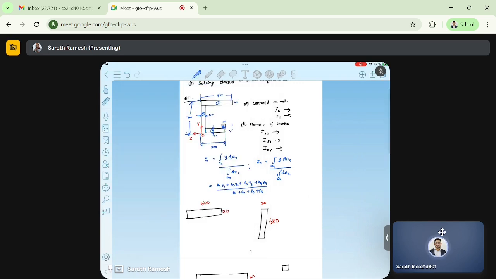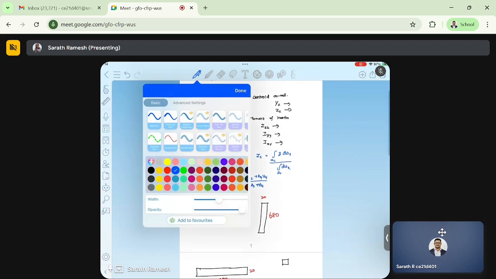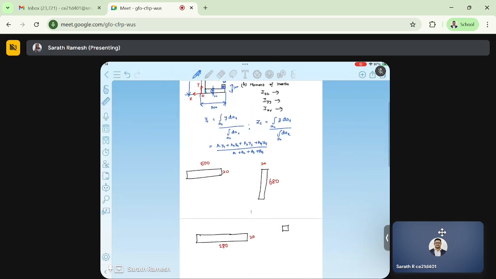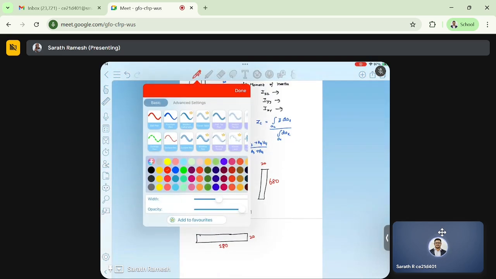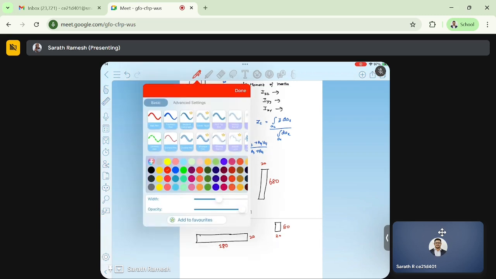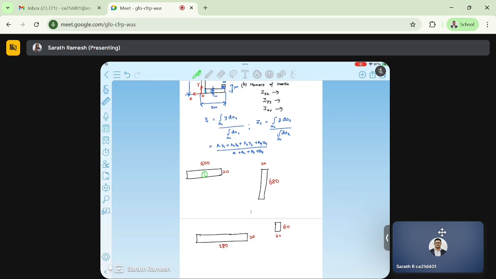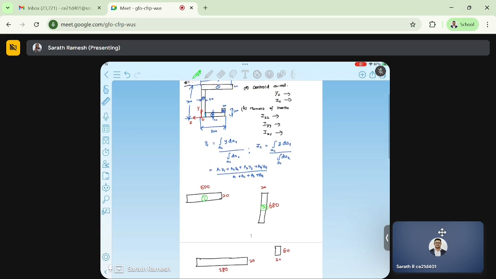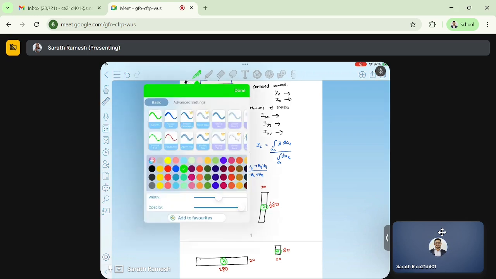So this total is 100, so that will be 80. This way it is 80. Let me draw it a little longer. Section 4 is this: 80, and this is 20. So 1, 2, 3, and 4.